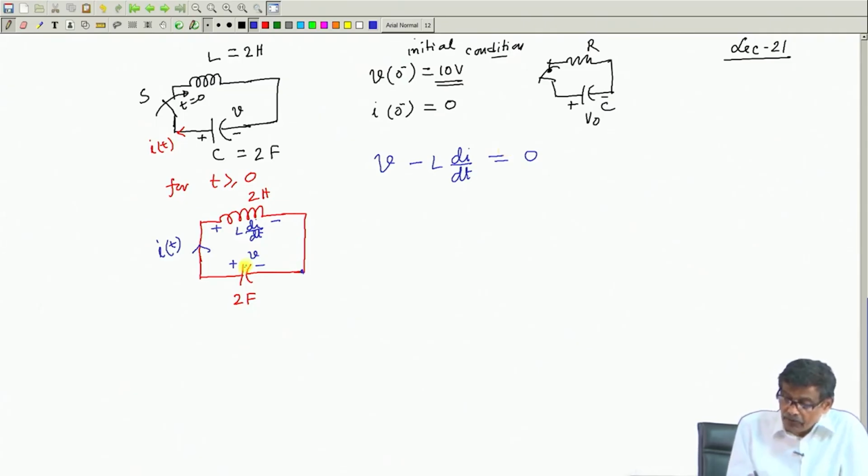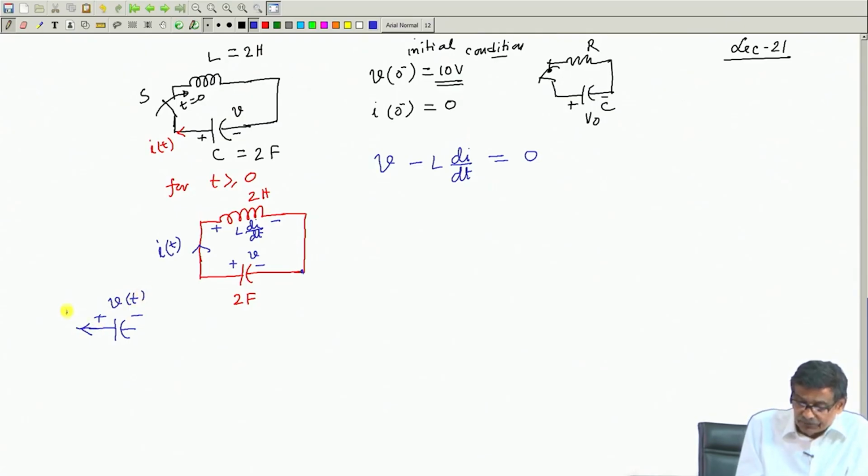That is fine. Now, coming to the capacitor, once again look at the capacitor separately. This is the polarity of the voltage I have shown, and this is the current I have shown, I(t). For this capacitor, I can say that it is minus I(t) this way.